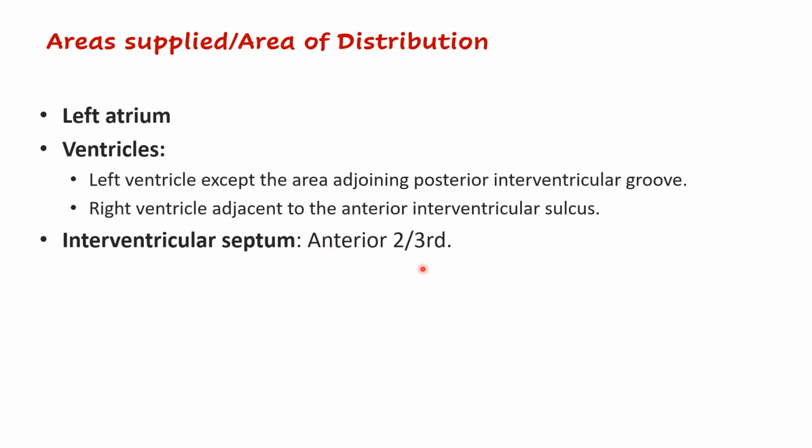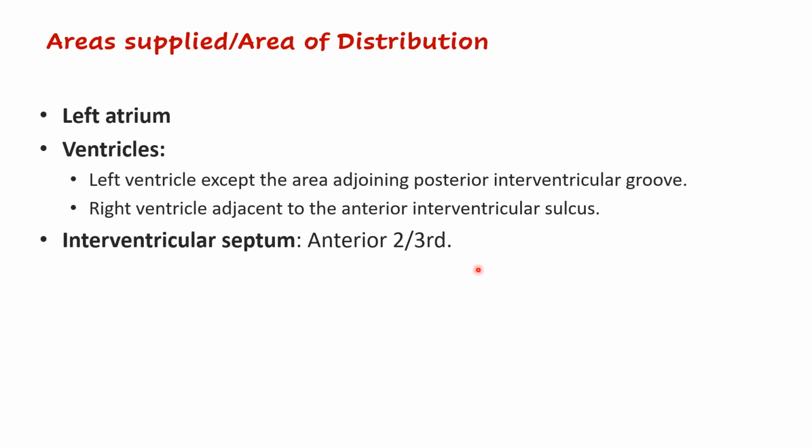So that's why in the beginning I said it supplies most of the myocardium. The left atrium is wholly supplied by that. The left ventricle, whose wall is 3 times thicker than the wall of the right ventricle, so almost the whole of the left ventricle is supplied by this. And how much of the interventricular septum? Anterior 2/3.